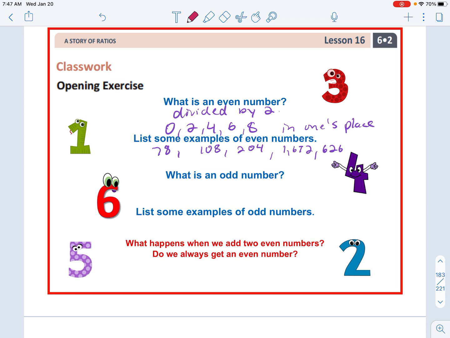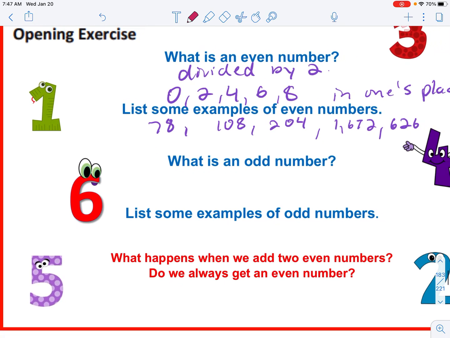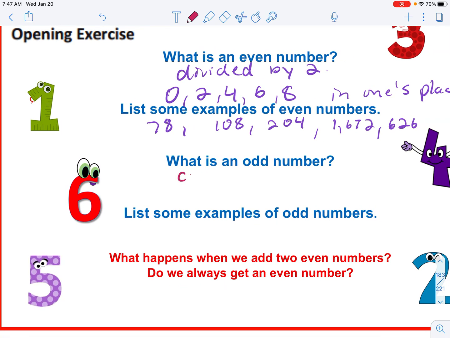So, what is an odd number? Well, an odd number cannot be divided by 2. And in the ones place, an odd number is going to have a 1, a 3, a 5, a 7, or a 9. Okay? In the ones place, always.